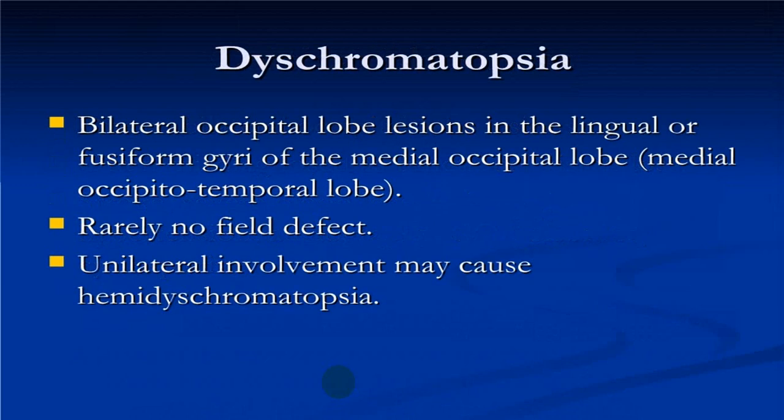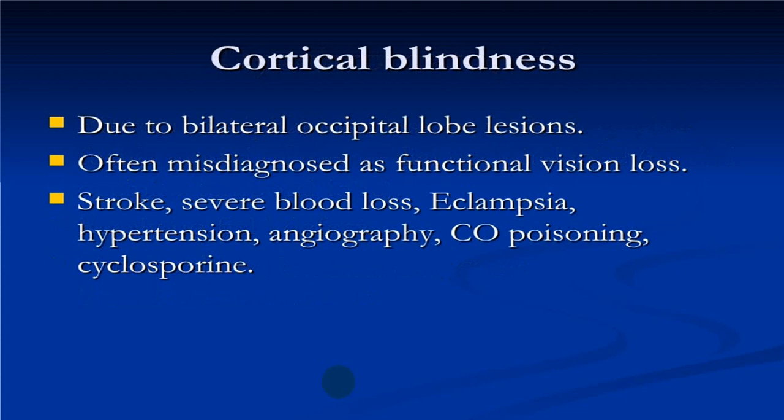This is cortical blindness, we are not much interested. Bilateral occipital lobe lesions in the lingula or fusiform gyri will rarely show field defects. Unilateral involvement may cause hemidyschromatopsia. We are not much interested. This is called cortical blindness due to bilateral occipital lobe lesion, often misdiagnosed as a functional visual loss.